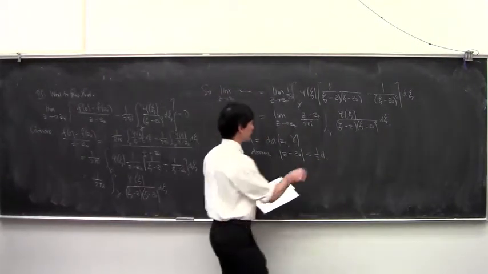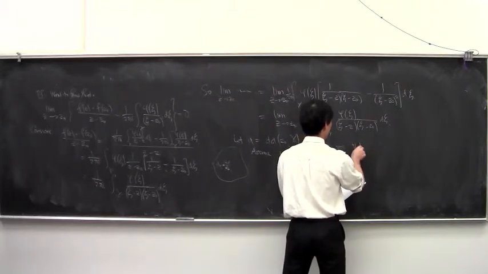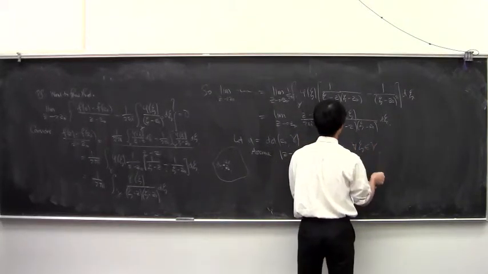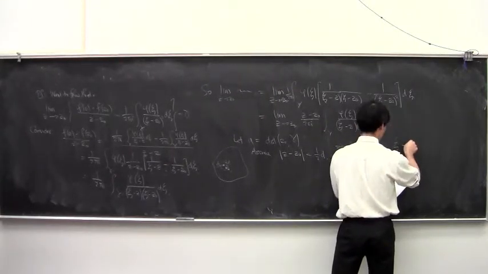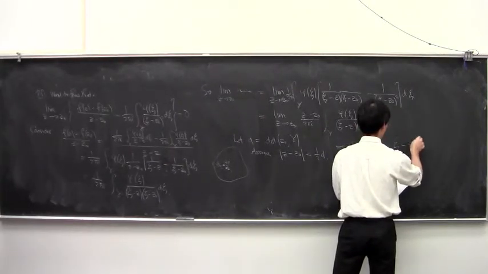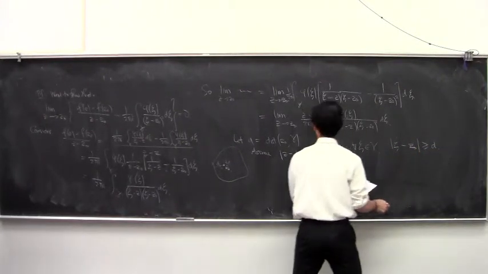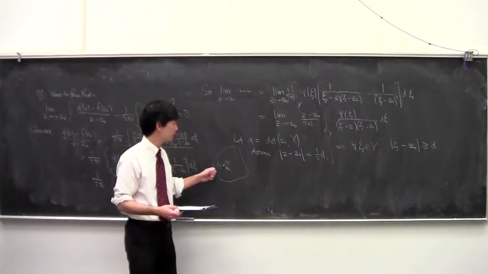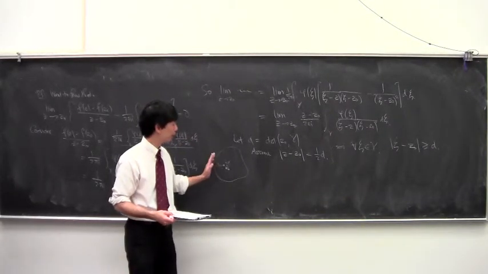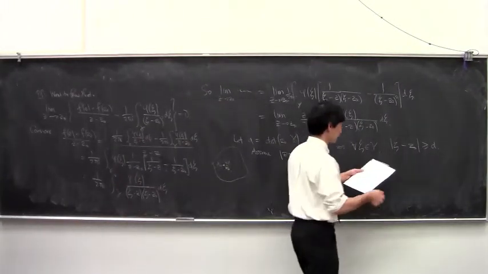Okay. So in that case, for all zeta on gamma, we know that the absolute value of zeta minus z naught is bigger than or equal to d, because d was the minimum distance from zeta to z naught.